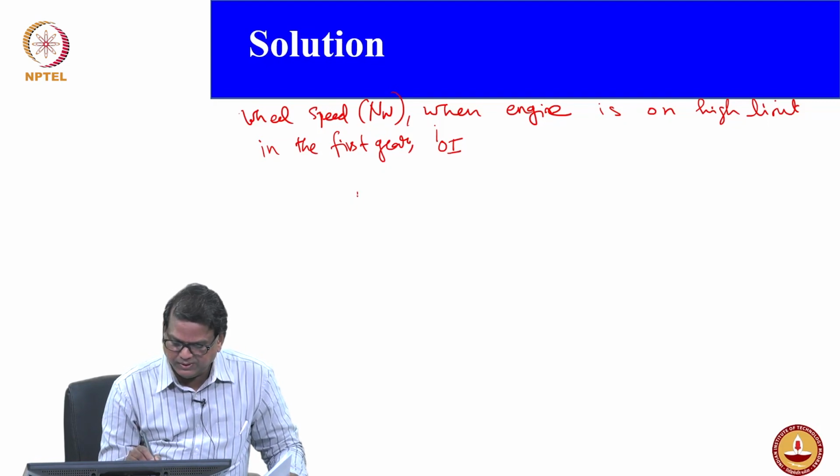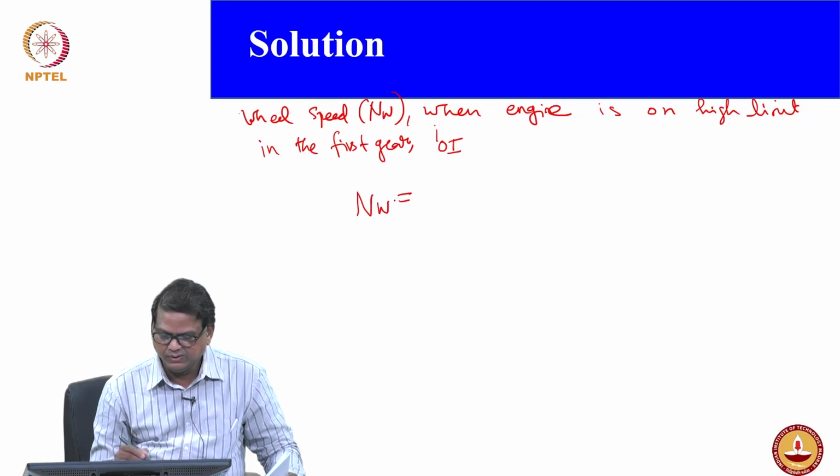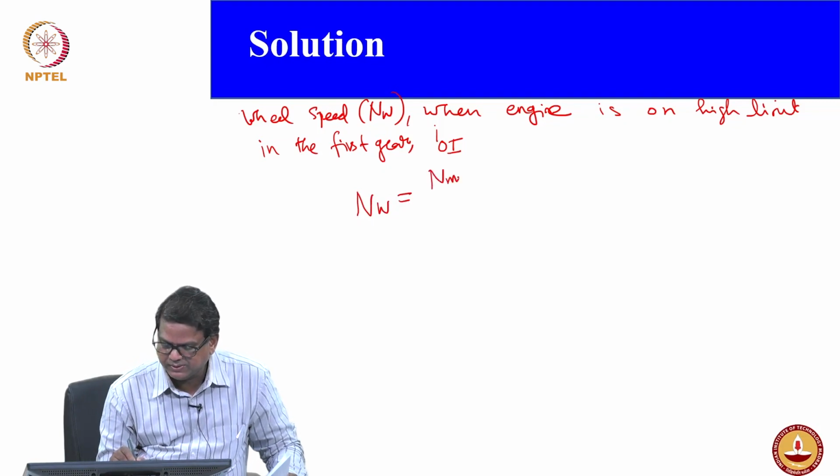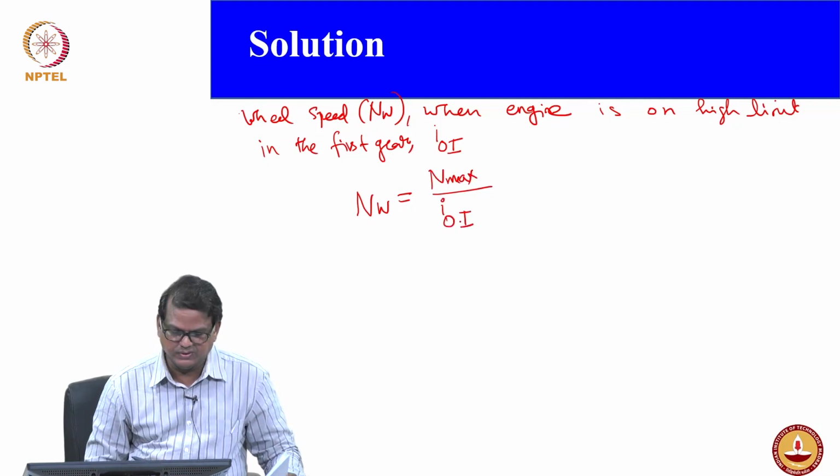So normally you know that your Nw is equal to N max, and the overall gear ratio for the first gear.